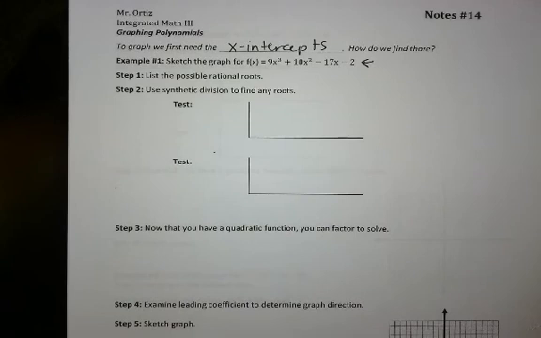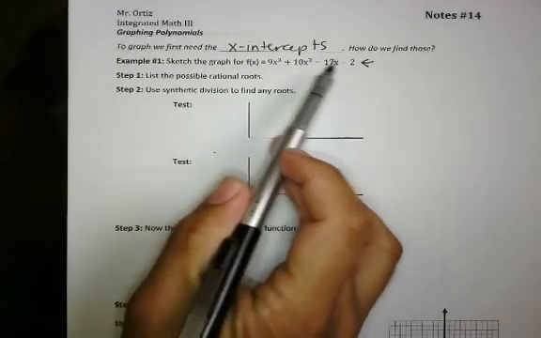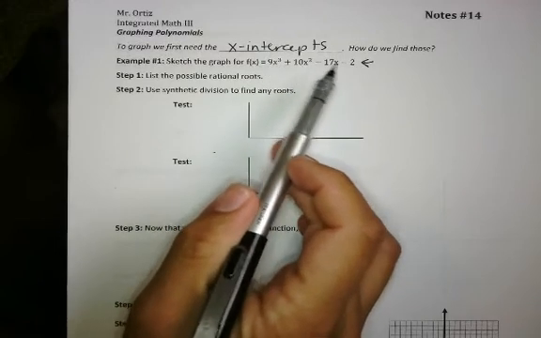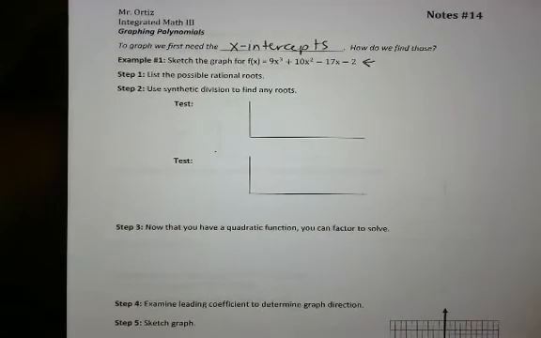Check if the first value is positive or negative. Not quite there yet. We don't need the end behavior yet because I don't really know how to graph this.